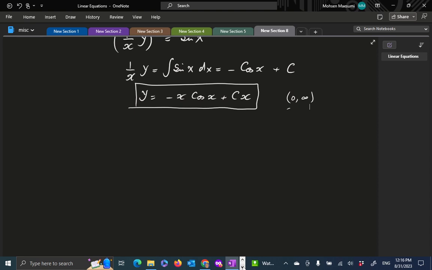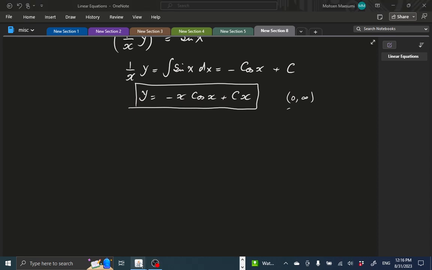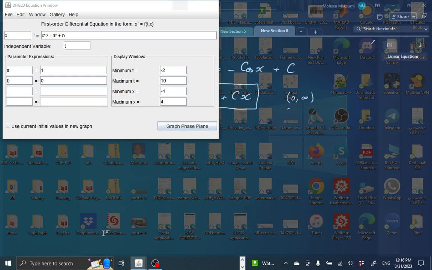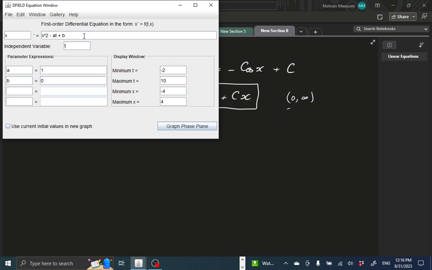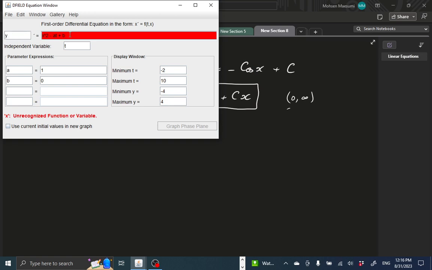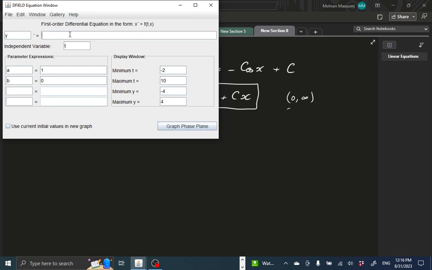Let's go ahead, take a look at, remember we had this software. Let's investigate the picture for this. I have a differential equation that is y prime. On the right hand side I have to write it in the standard form. That's one other reason to emphasize the standardized form, because once you want to enter this, you have to enter it in the standardized form on the right hand side.